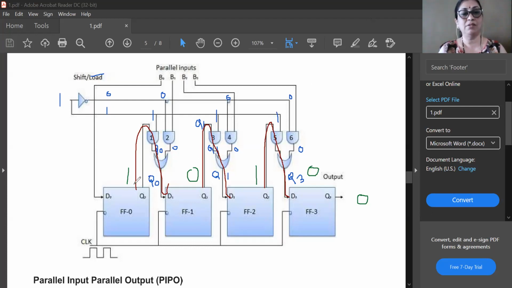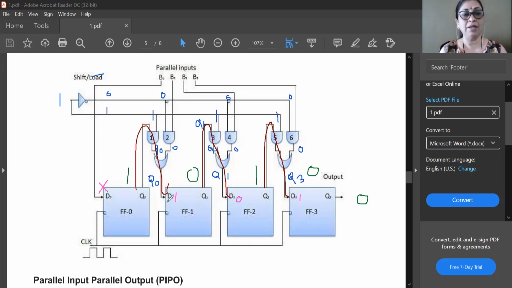So here, as you can see, this logic 1 is connected to D3. So now D3 is at logic 1, and 0 is connected to D2. So D2 is at logic 0, and logic 1 will be connected here. Okay. And here B0 is there. So you don't care about this input now during the second clock pulse. Now suppose we apply a second clock pulse, then what will happen?